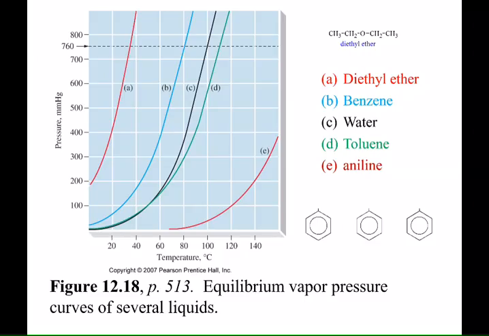Down here, underneath all of these curves, think of them as being a gas. And above each curve, think of it as being a liquid, final answer. I had them switched around. So for the red line, aniline, we could find the black line. I'm going to put liquid here for C and gas underneath. Okay.